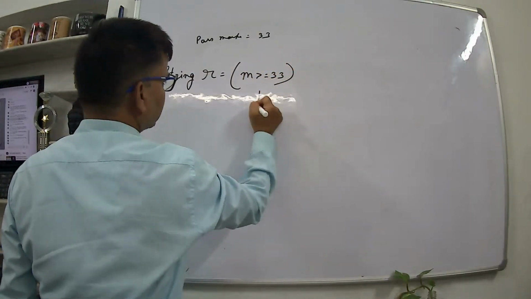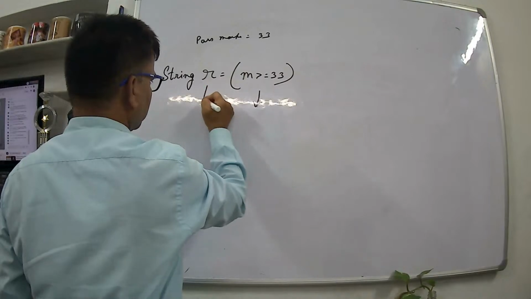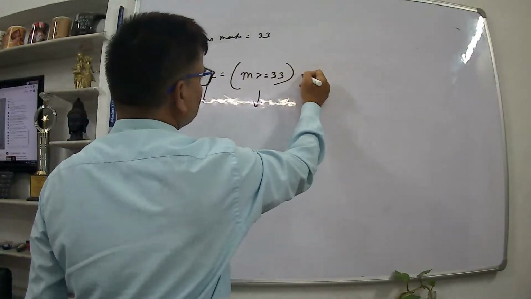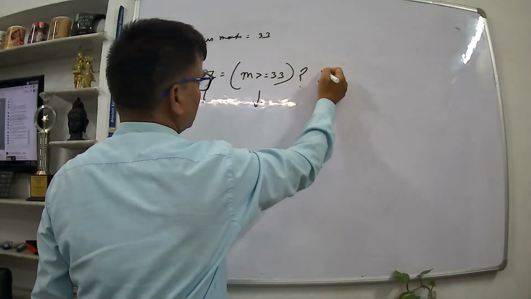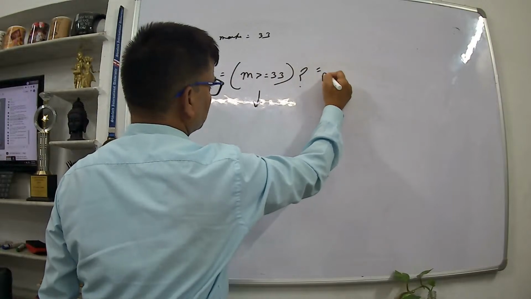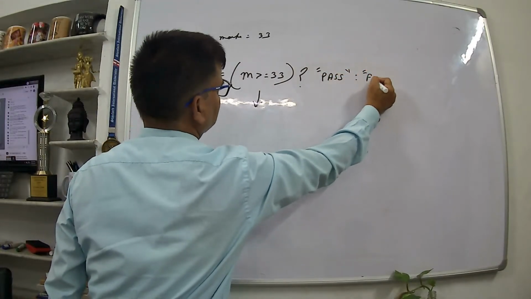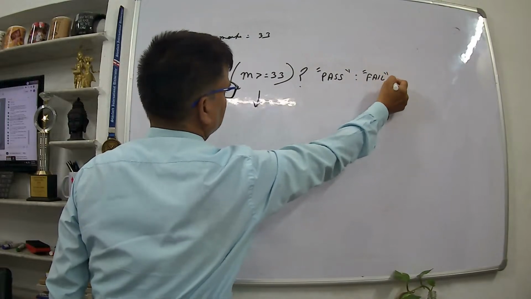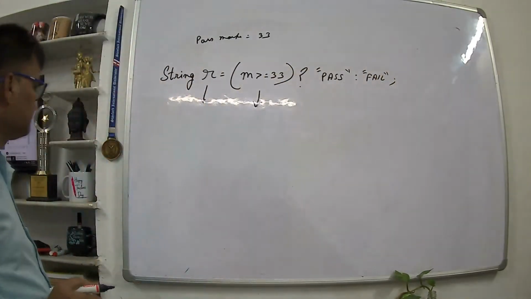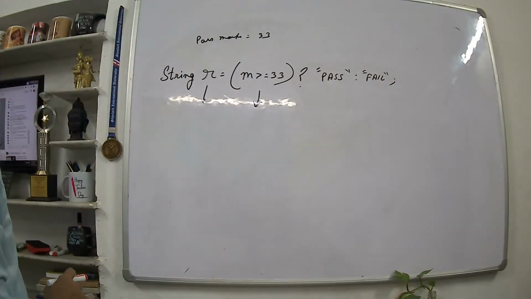This is the variable, and this is the test condition. This question mark, now first one, if it is true, then it is pass, else it is fail. So this is the way. Vivan, I hope it is okay.